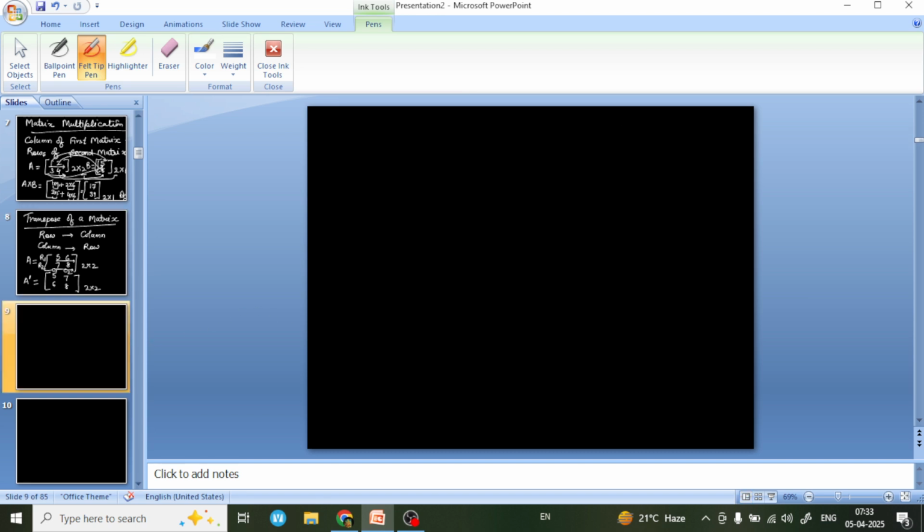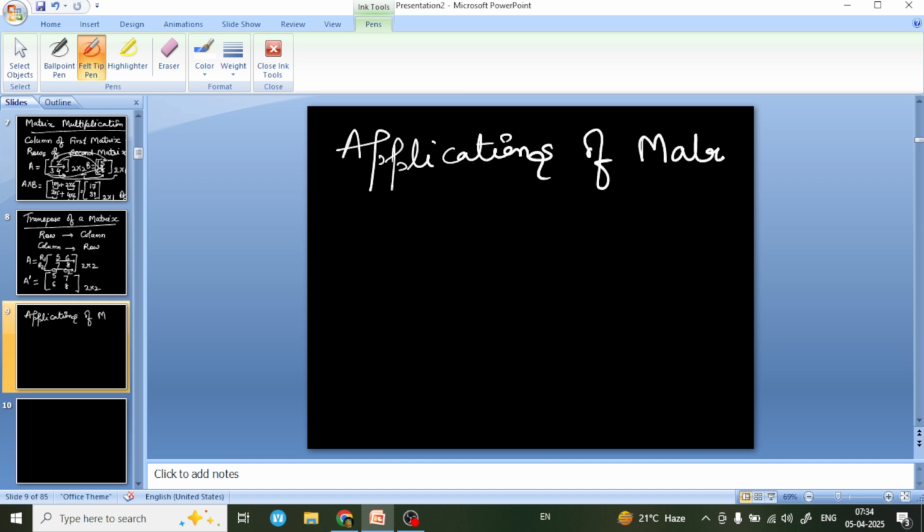Now the next most important point: what are the applications of matrices? Where do we use matrices?